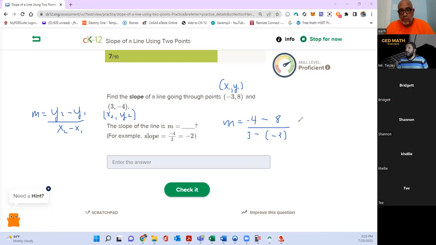Okay, so now I'm gonna do the calculations. -4 minus 8 is -12. 3 minus a -3 is 6 because 2 negatives make a positive. And this is why I want you to make sure you reduce. -12 over 6 reduces to -2. Yep. Okay, so your answer was -2.